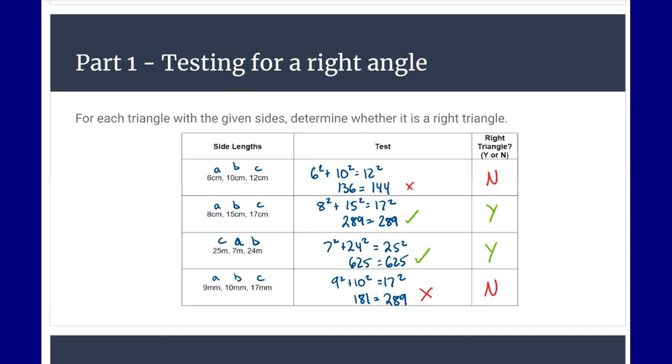In this third one, they were mixed up, so make sure when you are plugging it in that C squared represents the longest side. When we're given all three sides, that is very important because we are checking to see if the sides work with the sum of squares to verify that it's a right triangle.